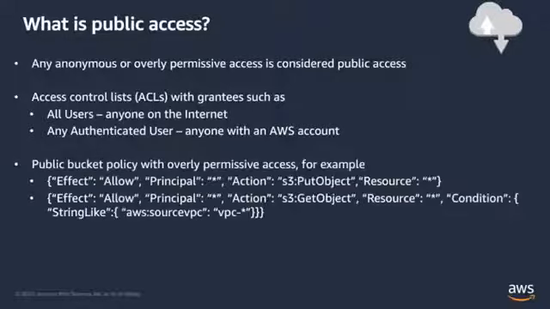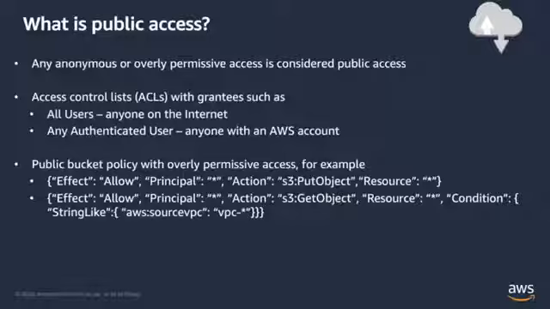Similarly, if a bucket policy has overly permissive access, we would consider that public. So let's take a look at these two. We have effect allow, principal star, action S3 put object, and resource star. So this will allow anyone to put objects into this bucket. Okay, that's pretty much public.